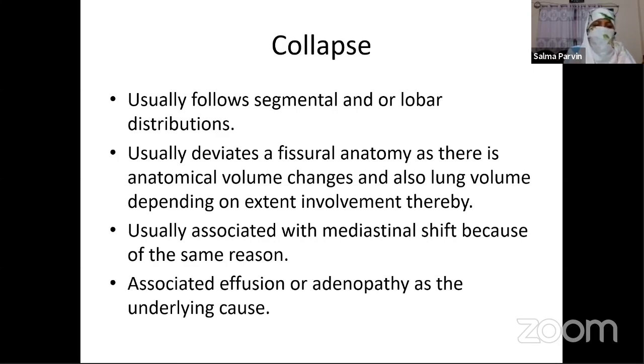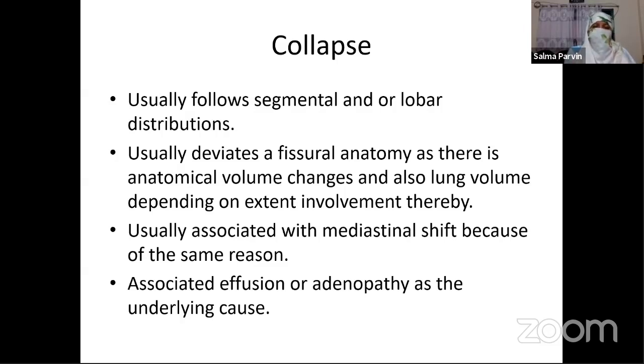And what about collapse? It usually follows a segmental or lobar distribution. It usually deviates the functional anatomy, as there are anatomical volume changes and thereby also lung volume changes depending on the extent of involvement, and it is usually associated with mediastinal shifting for the same reason, and with associated effusion or adenopathy from the underlying cause.